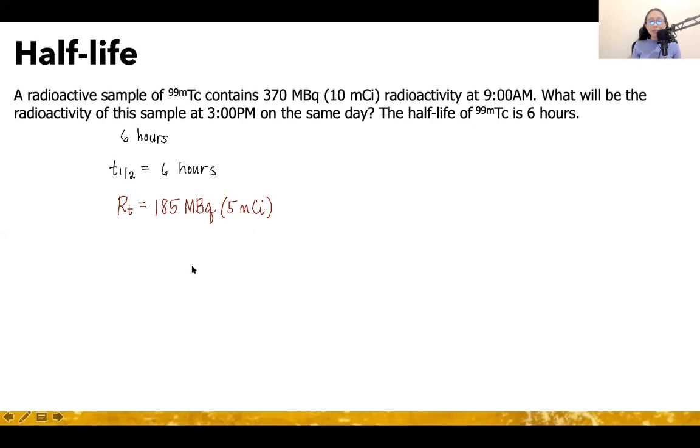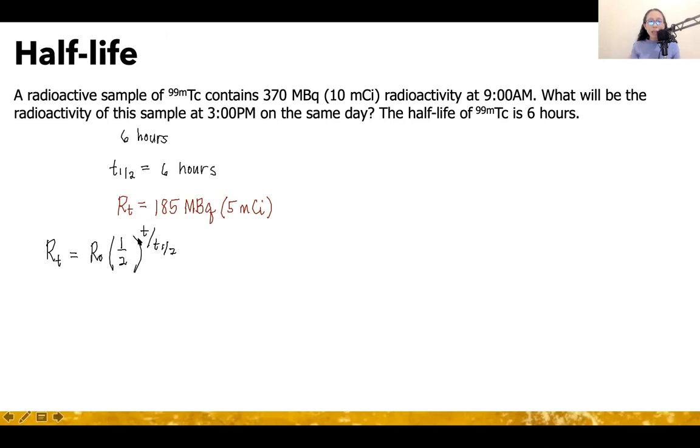How about if we use the equation? In terms of your radioactivity, the equation will be R sub t equals R sub 0 times 1/2 raised to t over the half-life.